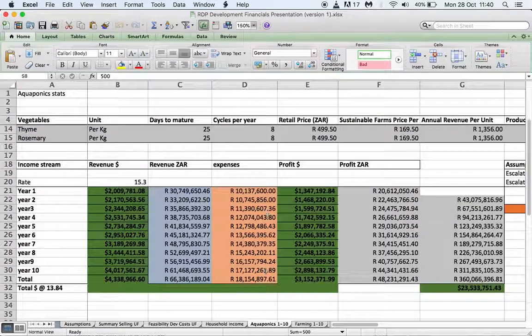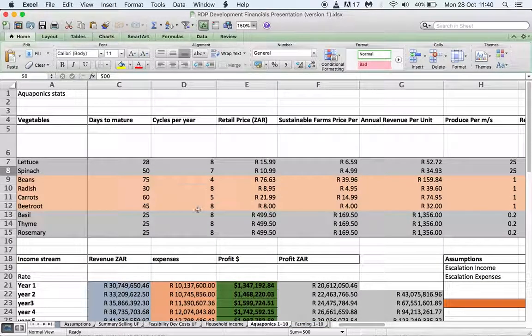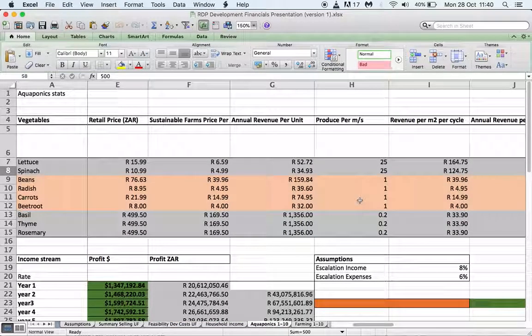And then the next page shows all the facilities, like the aquaponics facilities, for instance. What sort of crops are we planting? How long does it take for them to mature? How many cycles per year? Total retail price at the current market, and the pricing we're looking at selling the products at.